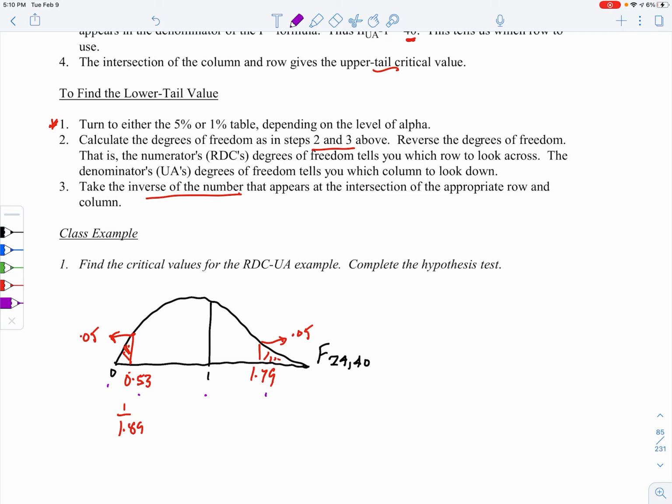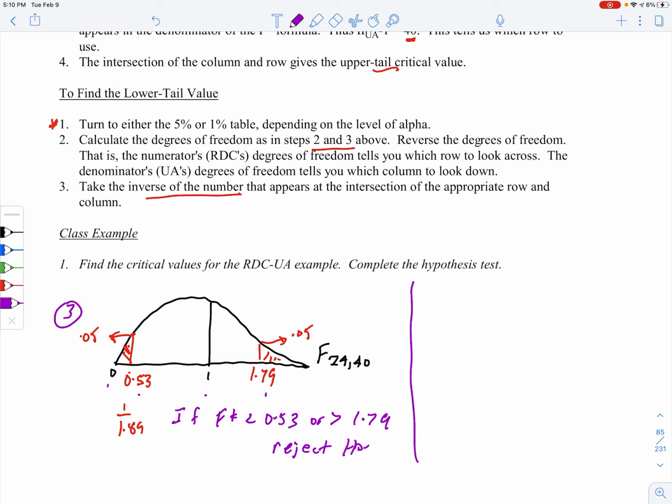So what we've got here then is we would say if your F star is less than 0.53, or if it's greater than 1.79, then we would reject H0. So that would be really step number 3.